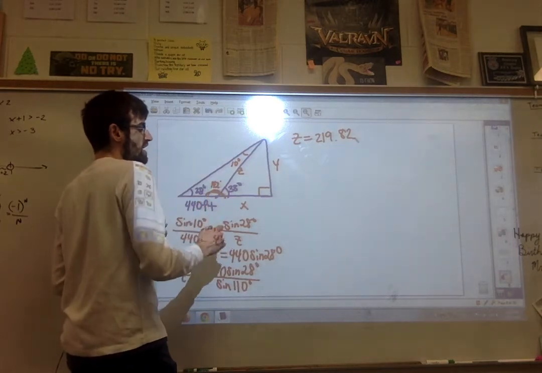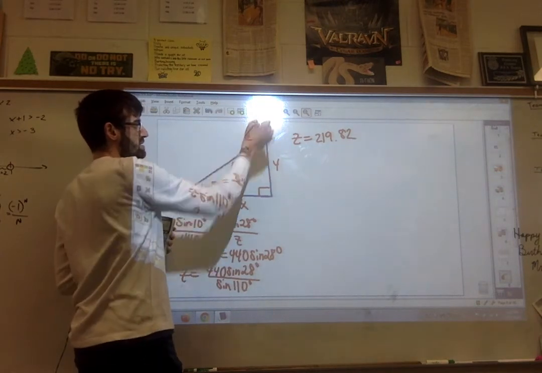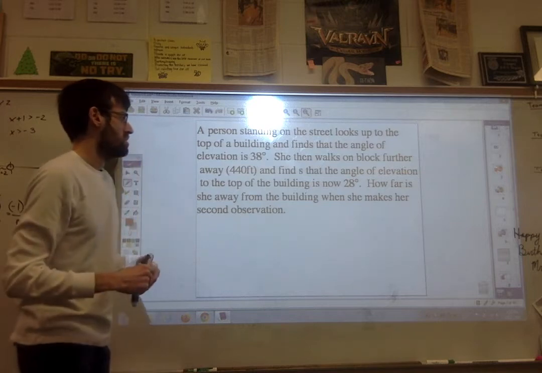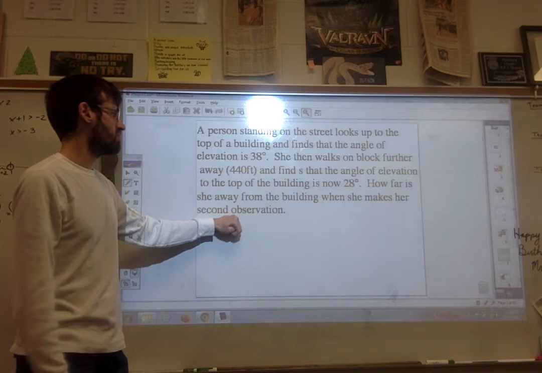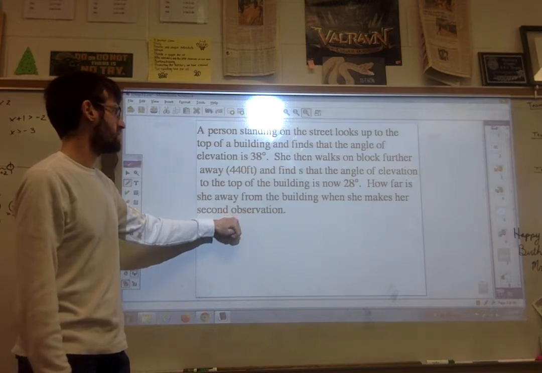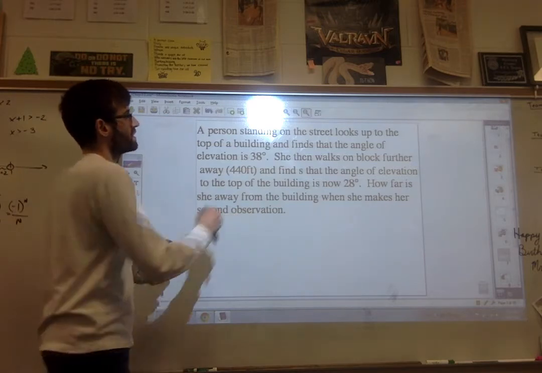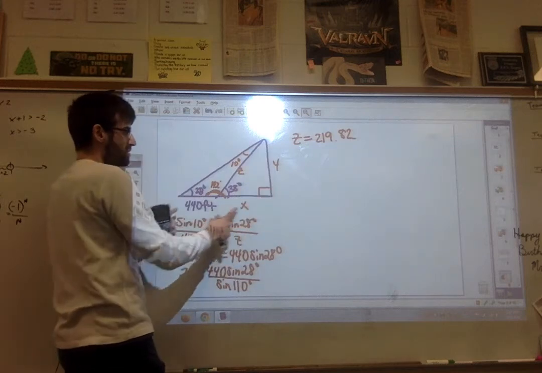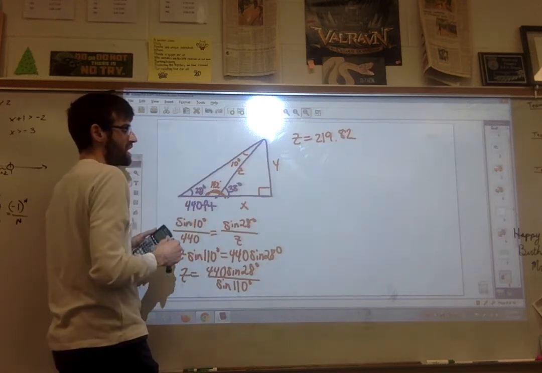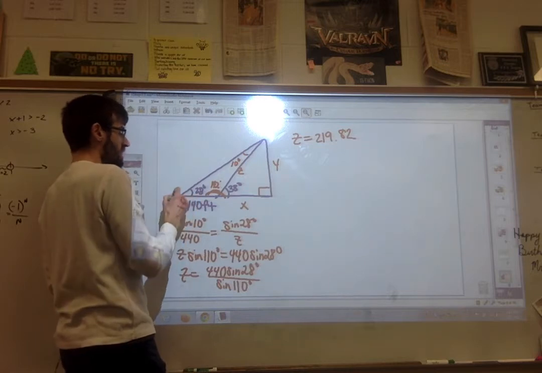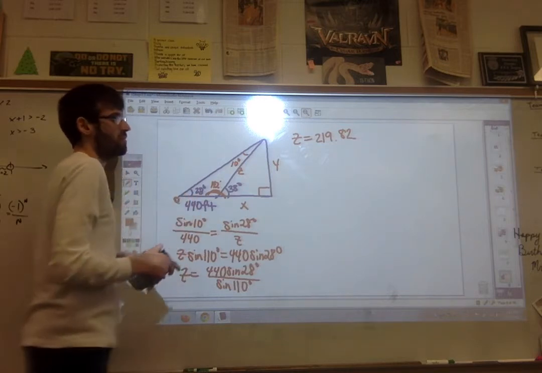Now, once I find that, I'm going to be solving for x, because it says, how far is she away from the building when she makes her second observation? So in order to find that, I'm going to find x and add 440 to find out when she makes her second observation, which is the further one.